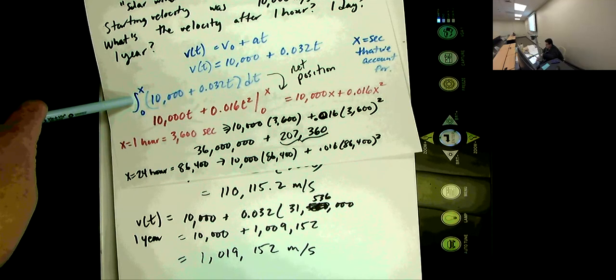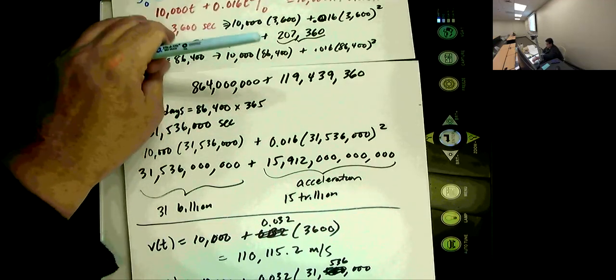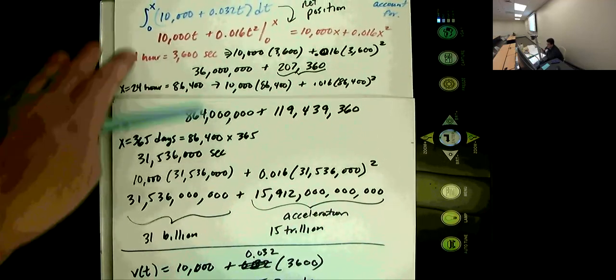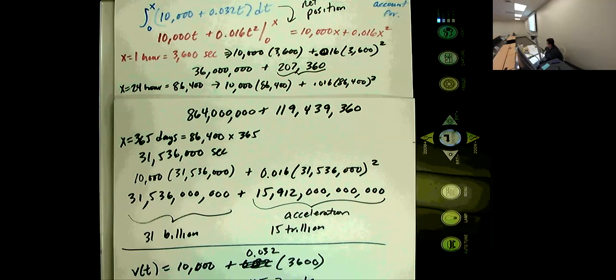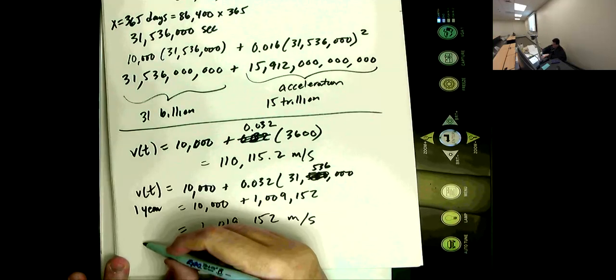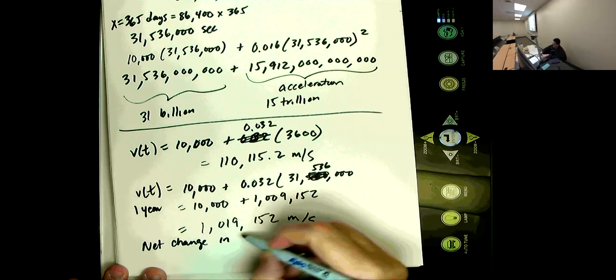If we just wanted to see the velocity change, this would give us the starting velocity and ending velocity. I didn't do net change in velocity, but if we want it, we could do the following.